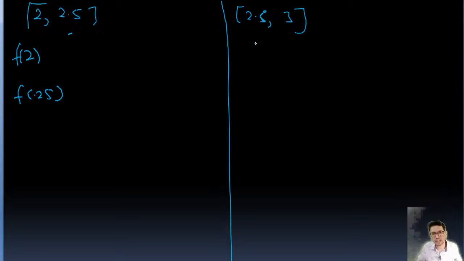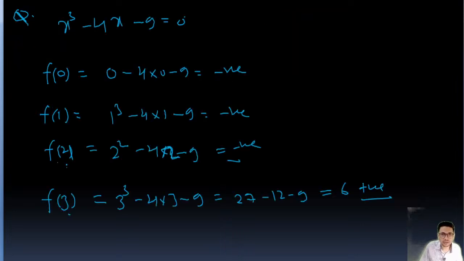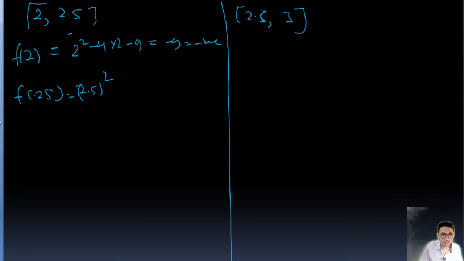If they are of opposite sign, then the root will exist between 2.5 and 3. So we will find the value of f(2). That is 2 cube minus 4 into 2 minus 9, so this is going to be minus 9, that is a negative value. And here we will find 2.5 cube. This is cube, guys, not square.